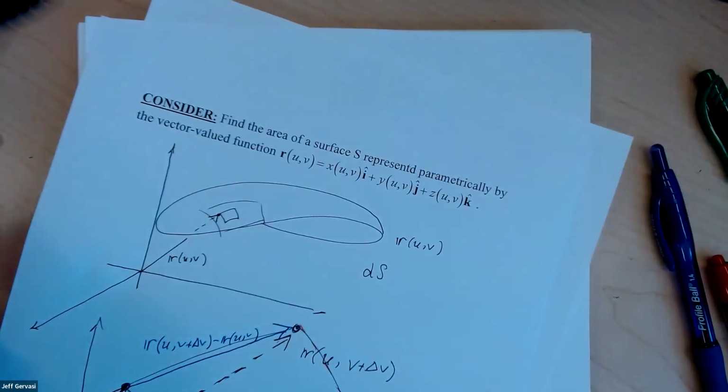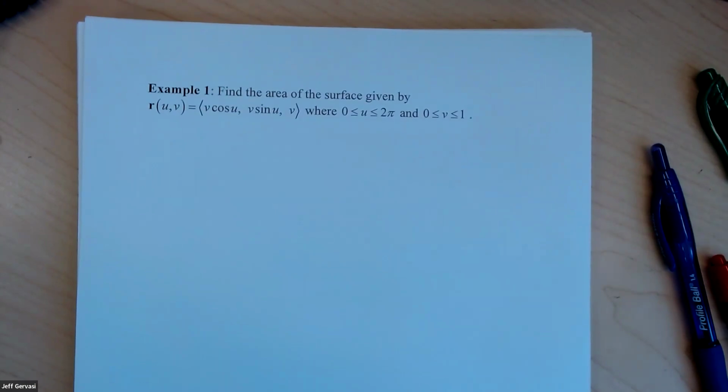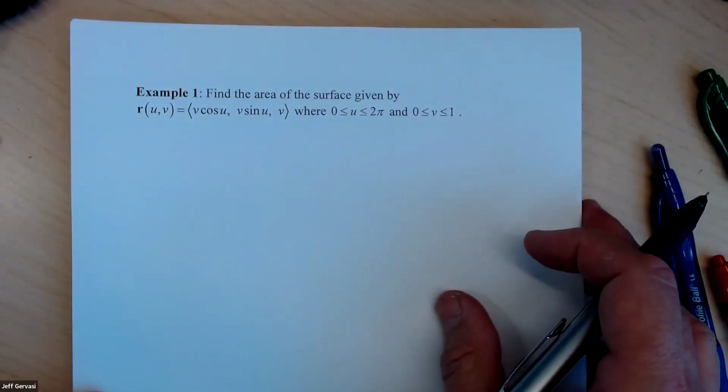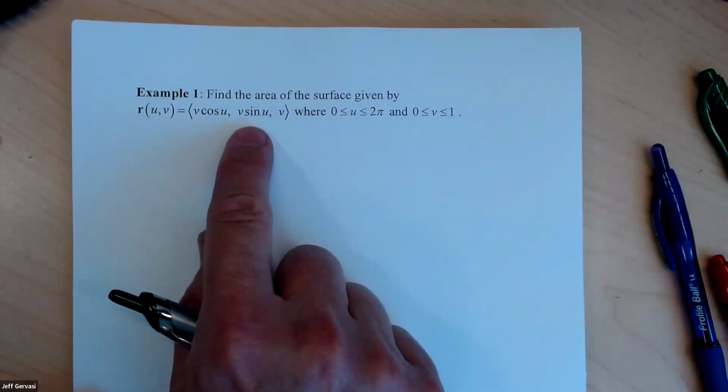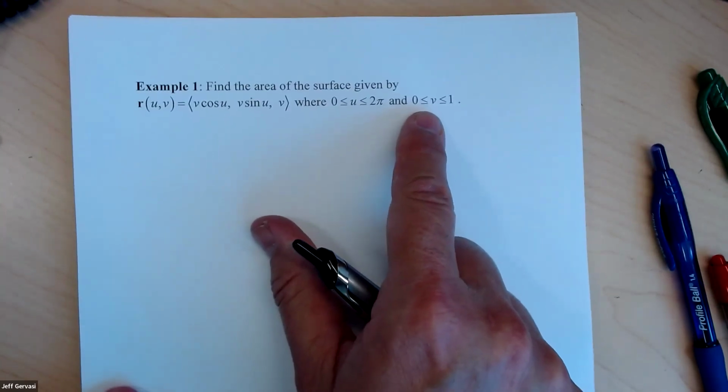All right, let's see. Here's my first one. Find the area of the surface given parametrically by r of u and v, which is equal to v cosine u, v sine u, v, where u is between 0 and 2 pi, and v is between 0 and 1.